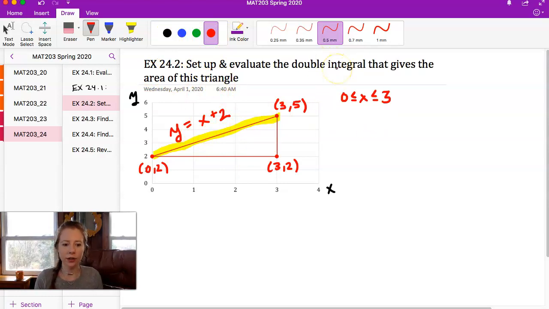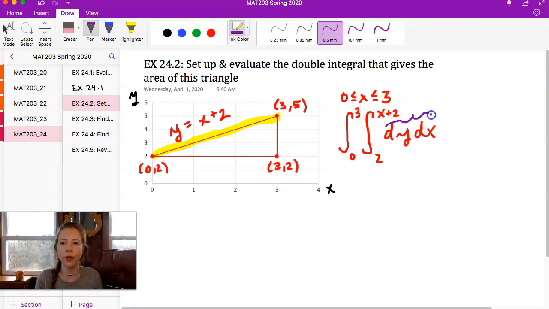So our integral is going to be from 0 to 3, times 2 to x plus 2, so it's going to be the integral from 0 to 3 and 2 to x plus 2 for dy, because that's our inner one, dx. And remember that dy dx is simply dA. So if you integrate dA, you get the area.